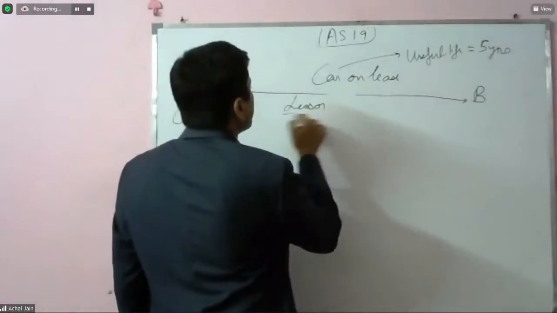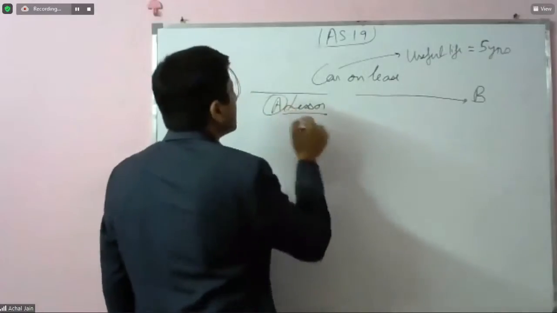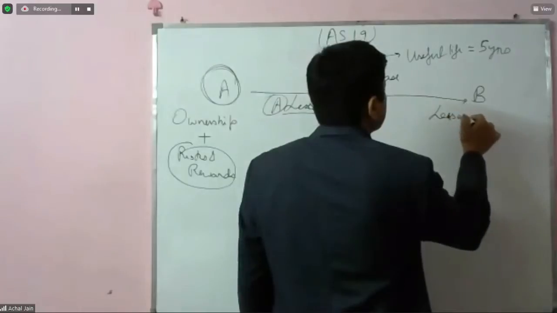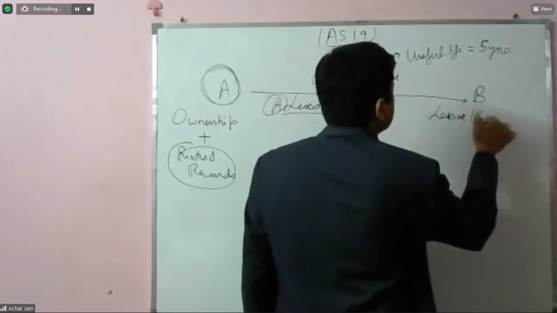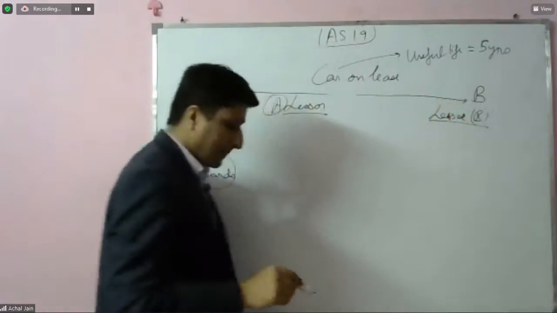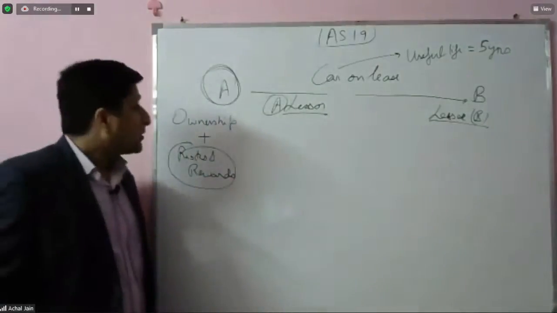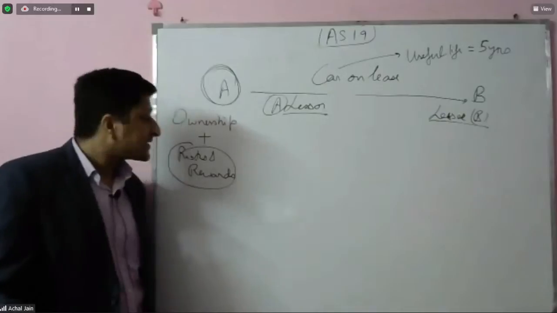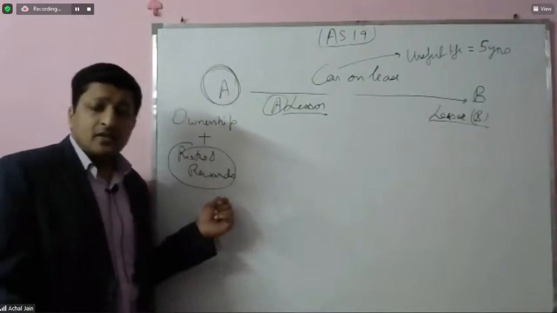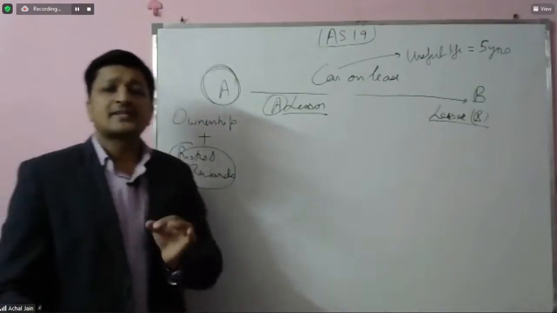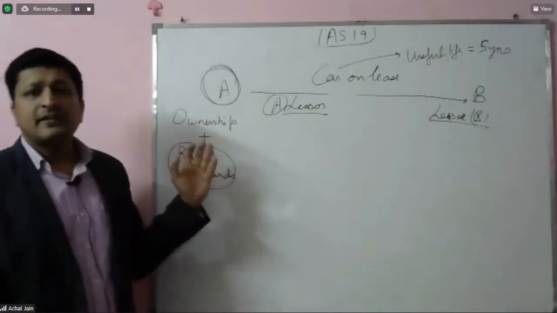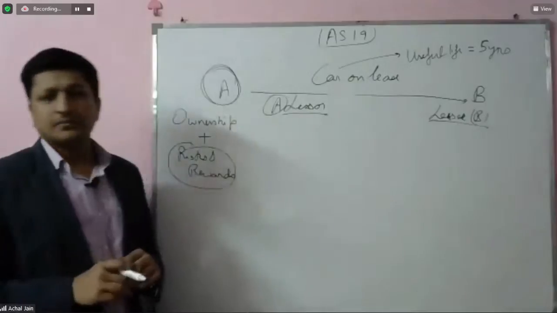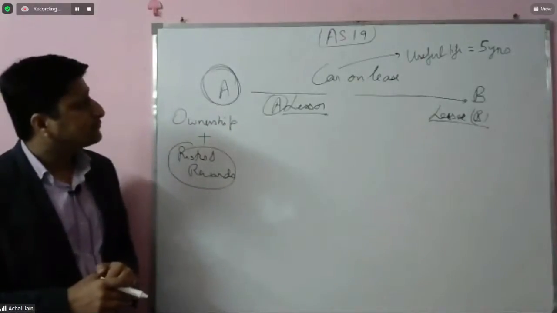We are now looking at the accounting of lessor, because the ownership and the risks and rewards attached to the asset are with A. So that's why, who will record the asset? A. A will continue to record the asset in its books. Number one.